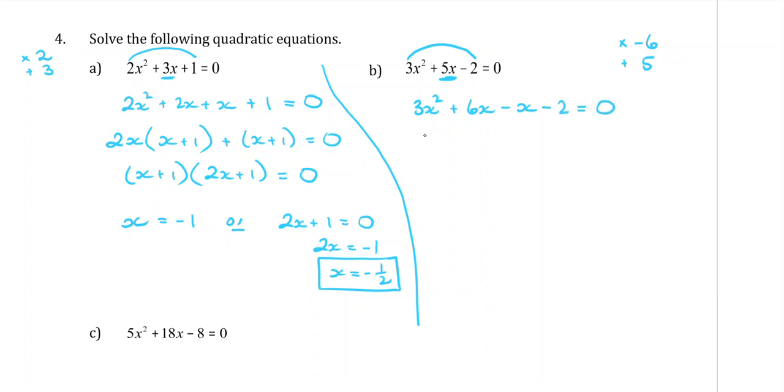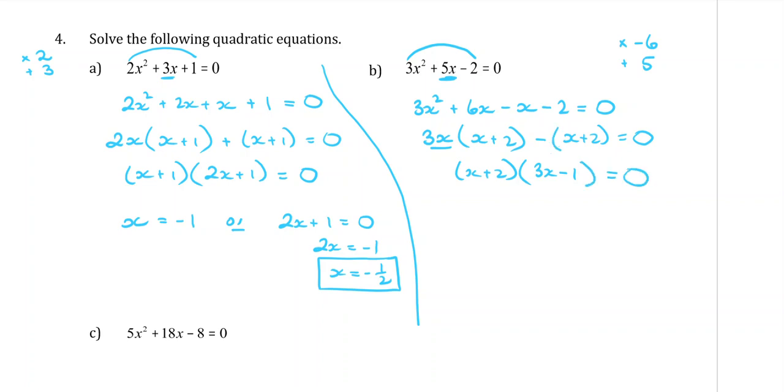Factorising in pairs, we bring the 3x out the front of the first two terms. That will leave x plus 2. Bring a minus out of the third and fourth term to get x plus 2. The x plus 2 is the common factor, and the 3x and the minus 1 will go into another set of brackets. Okay, that's equal to 0.